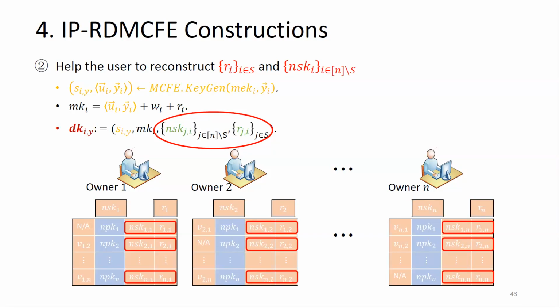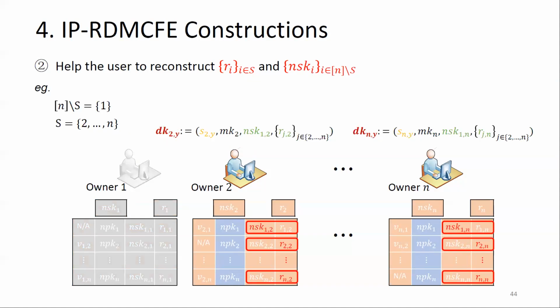Second, to help the user reconstruct the desired information, when generating the partial functional key, by observing the state of each owner, the owner I decides which share to be revealed in each pair. For example, if only owner 1 is negative and the others are positive, the positive owners reveal these shares.